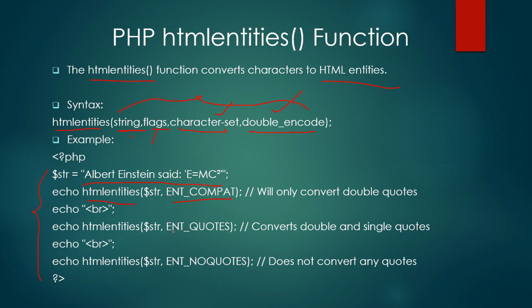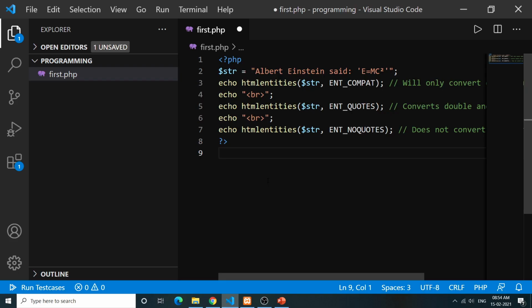Then we have ENT_QUOTES, which will convert double and single quotes. And we have one more flag, ENT_NOQUOTES, and it does not convert any quotes. Now I will copy this code and paste it in my IDE.